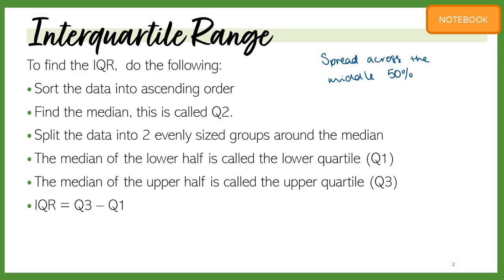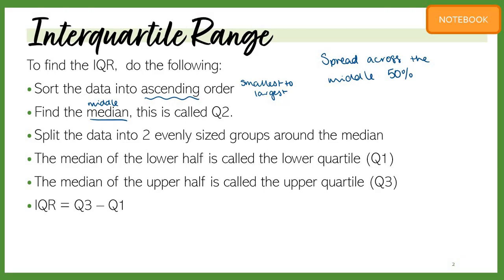Now, to find our IQR, there's a couple of steps to follow. The first is to sort your data into ascending order, so that means from smallest to largest. And then to identify your medians, remembering our median is just our middle value, right? And this is called your Q2. What this will do is split your data into two evenly sized halves, right?